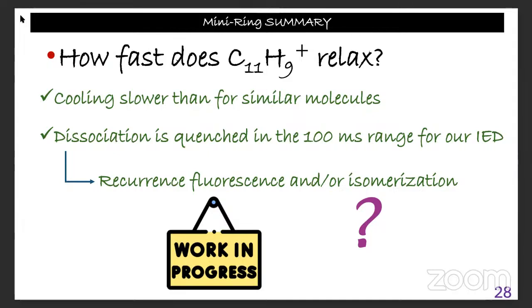Also, we know that dissociation is being quenched in the 100 millisecond range. Due to the time scale, we have two possible candidates: recurrent fluorescence and/or isomerization.